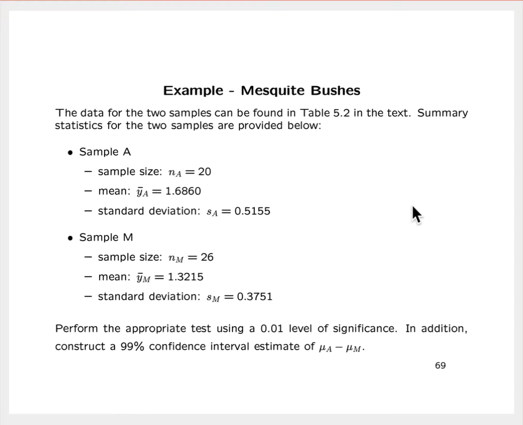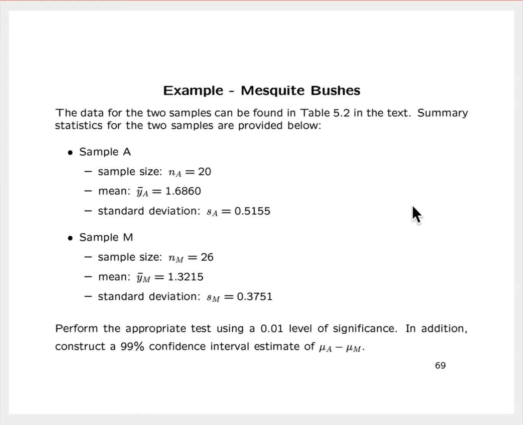And if we can't reject it, we just say we fail to reject. But what we can do is proceed under the assumption that the null hypothesis is true. That's what we're going to do here. Is it reasonable to assume that the population variances are equal? Yes, because we failed to reject the null hypothesis that they are equal.